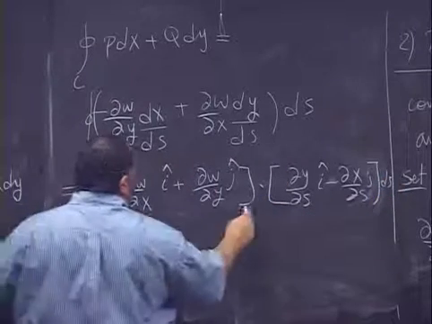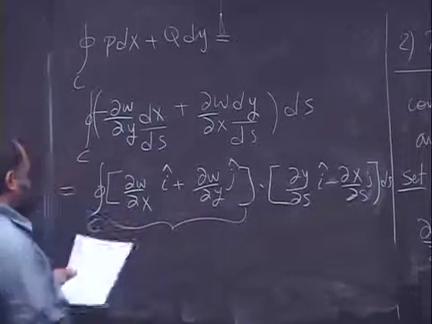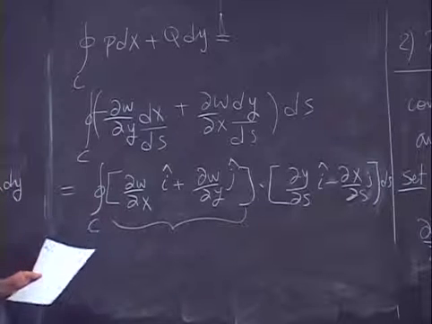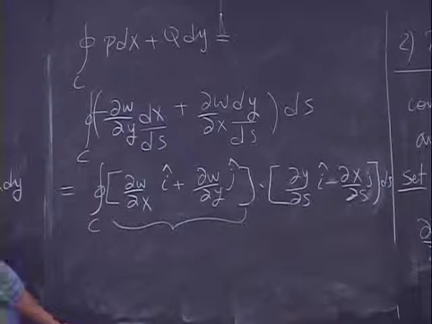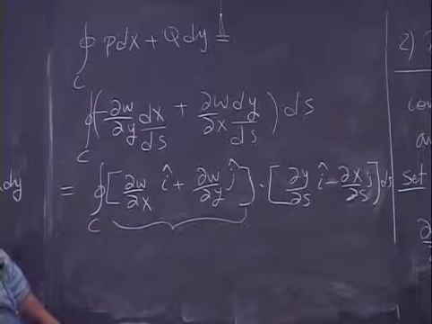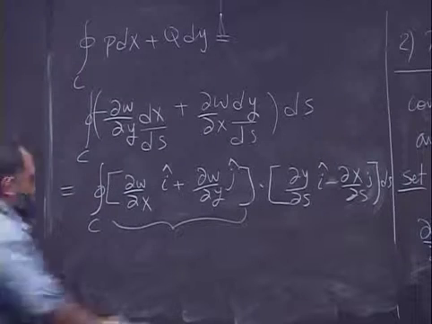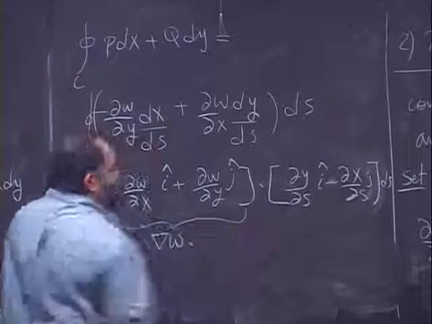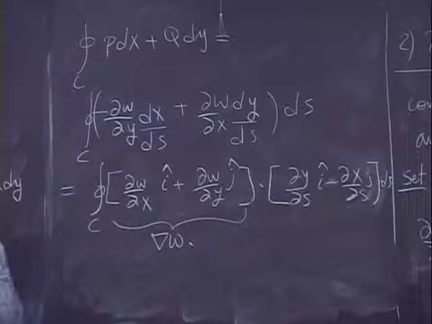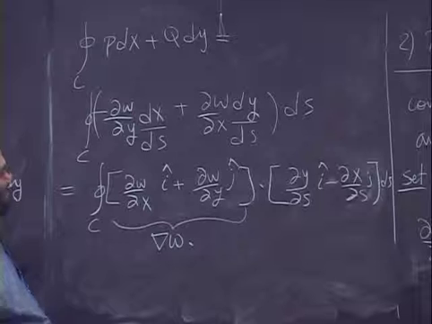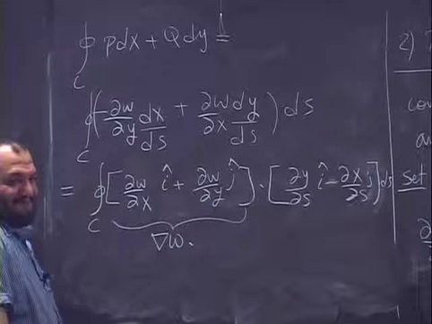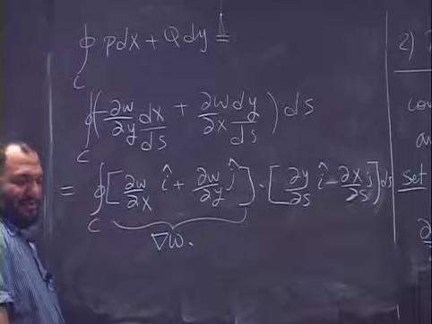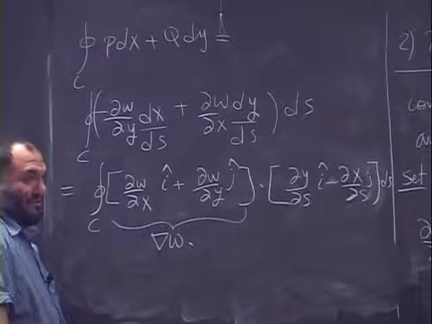What's this? Nabla omega. So this is the gradient of omega. Dotted with, what's this? It's a little bit strange, but we will prove it in a second.